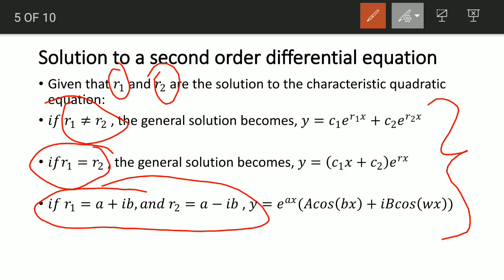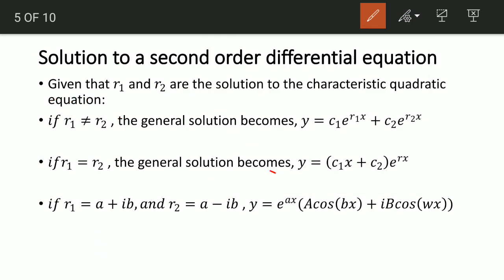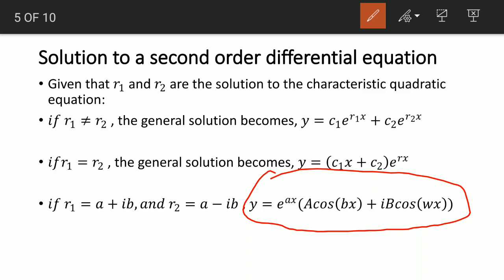Then it means that our y will be equal to exponential ax, a cos bx plus i b cos. Sorry, that's a big mistake there. It should be a cos bx, then plus i b sin bx. So here should be b, your bx.